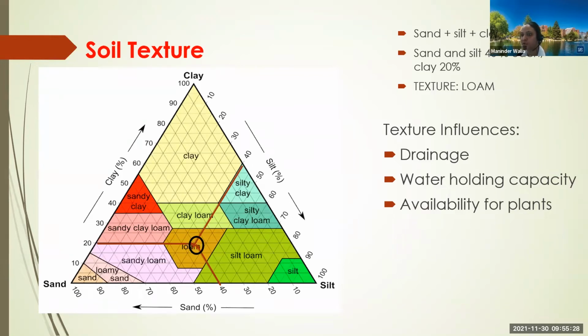For instance, it is always recommended to apply fertilizer more frequently and in smaller amounts on lighter textured or sandy soils, the soils with higher sand amounts, to avoid leaching losses, as compared to applying fertilizers to heavy or clay soils. Also, crops growing in sandy soils need more frequent irrigation than those growing on heavy soils. So it is important to know the texture, and it influences the other properties.